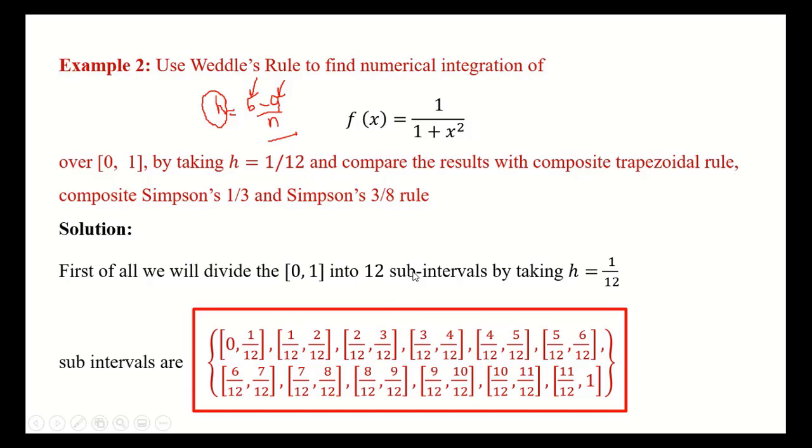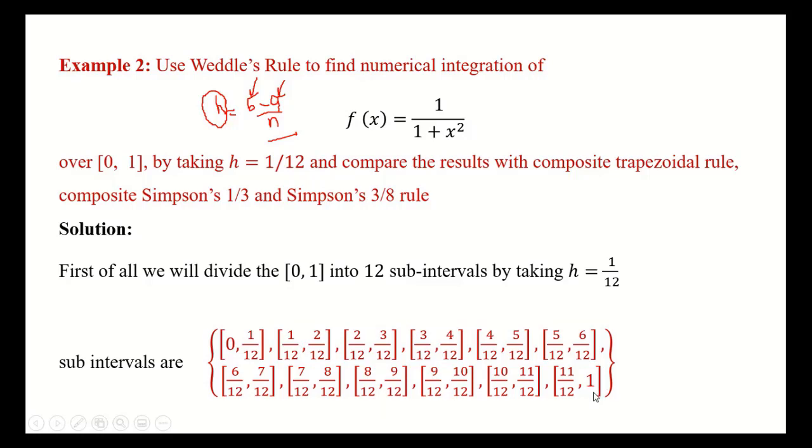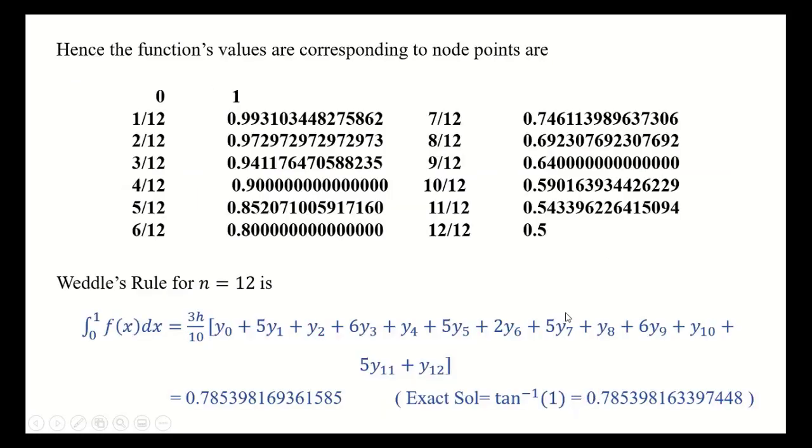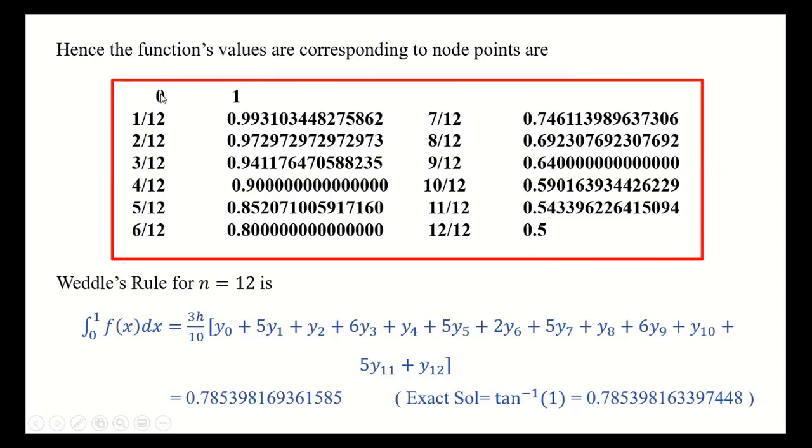First of all we will find the values at these node points, like 0, 1 by 12, 2 by 12, 3 by 12, and so on up to 1. So these are the numerical values of the function at the node points 0, 1 by 12, 2 by 12.